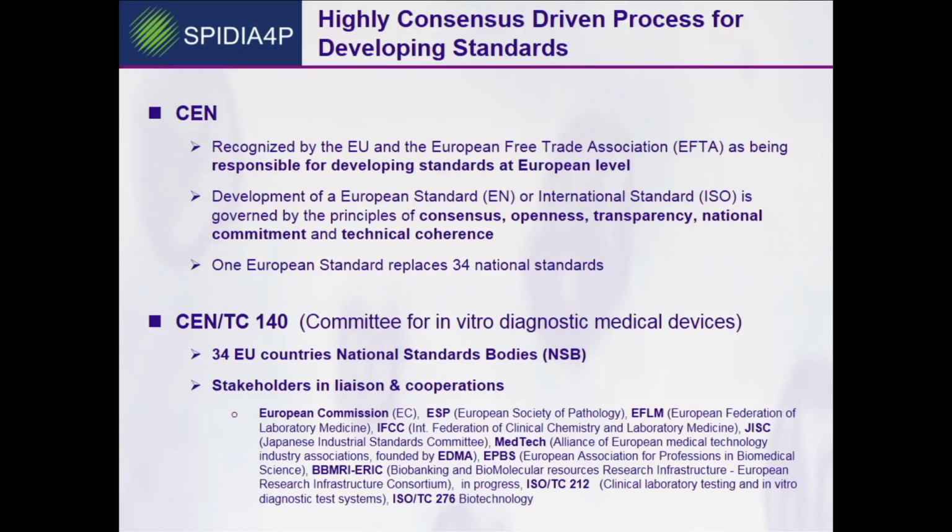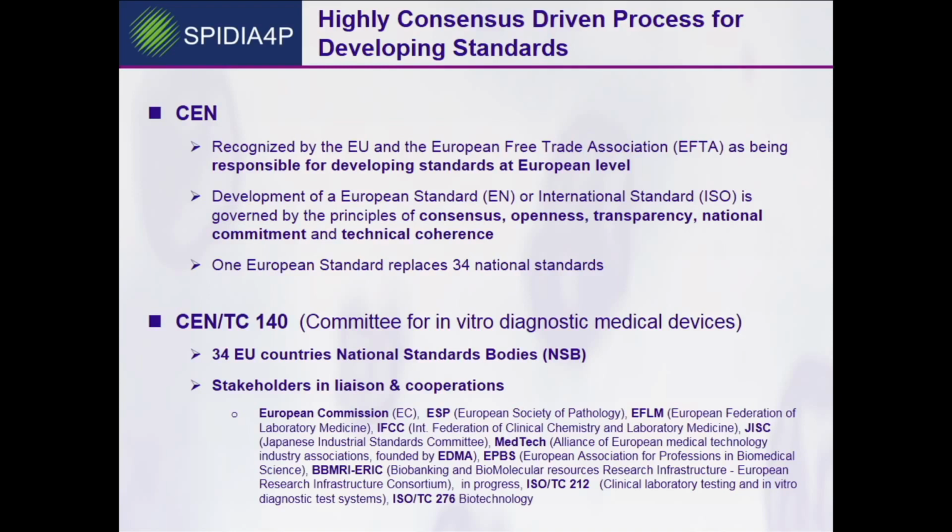And another thing is very important. Because at CEN and ISO, we have many countries, the national standardization committees are there, plus other stakeholder organizations, we can reach a very broad consensus during this process.